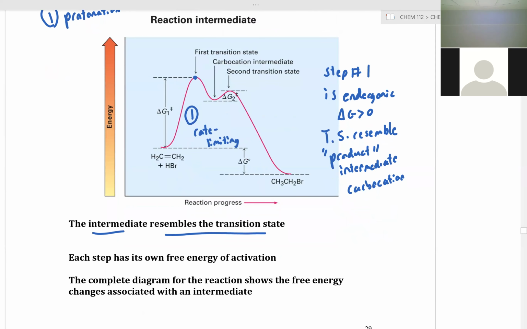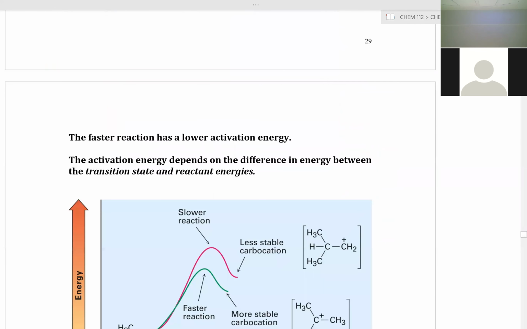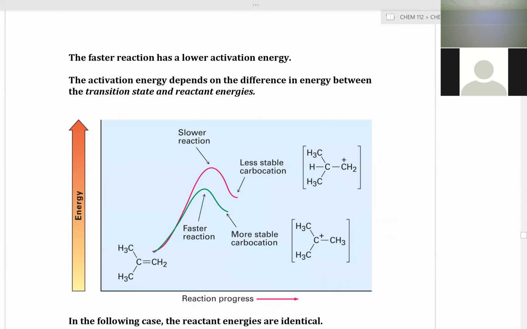Perfect. So we've established that from our first look. Let's keep going now. We're going to take a look at the first step.